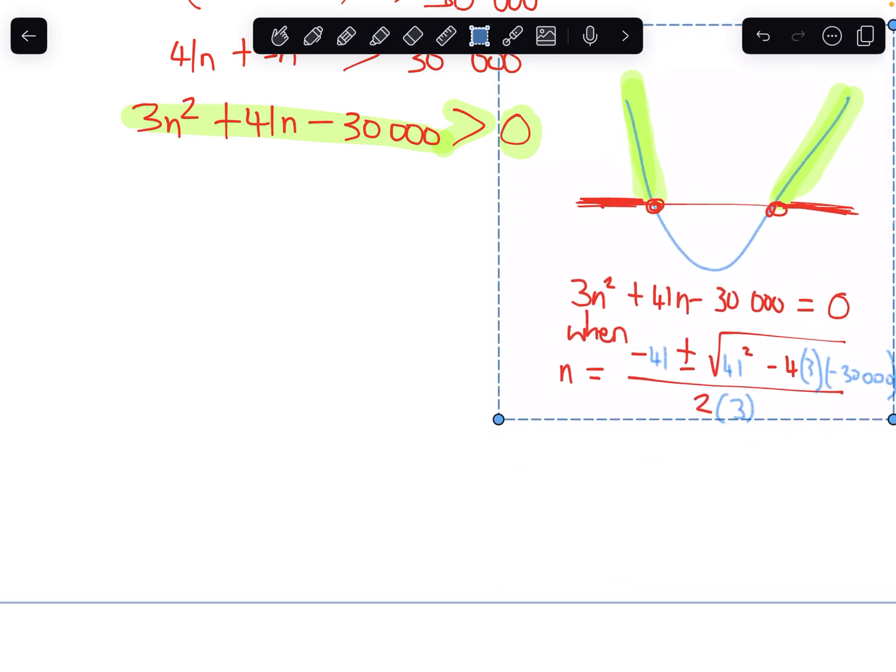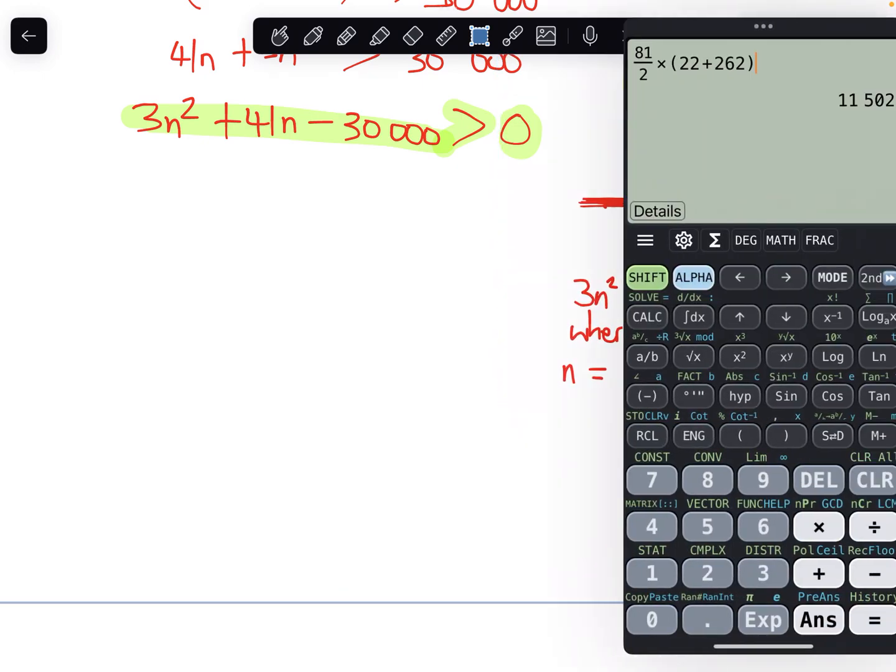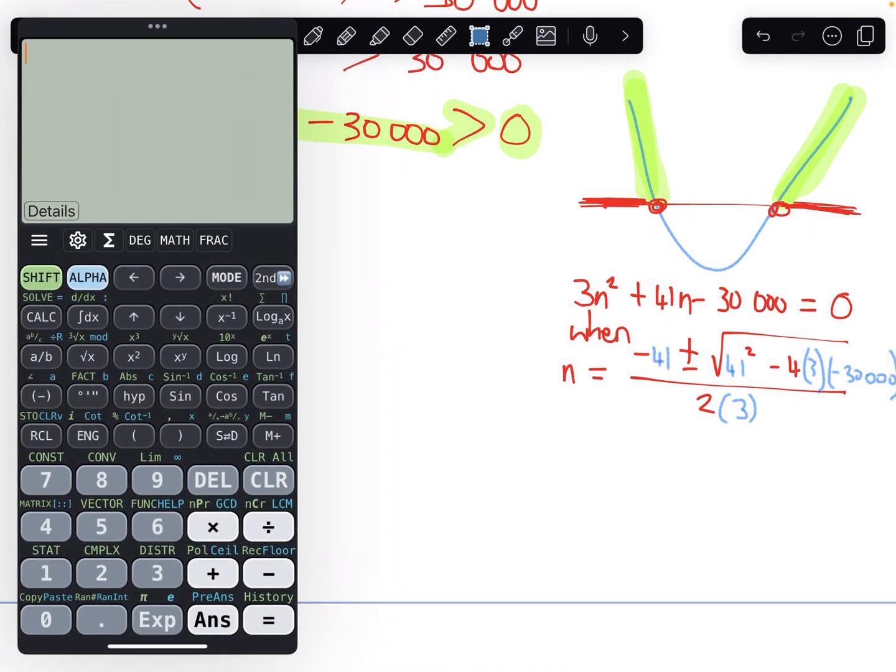Okay, so let's just punch this into the calculator real quick. So let's start with our plus solution. Square root.